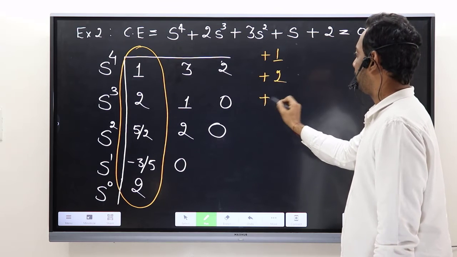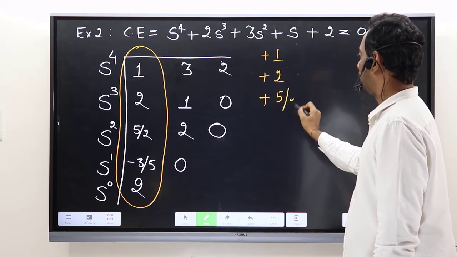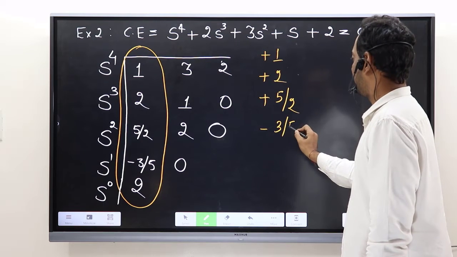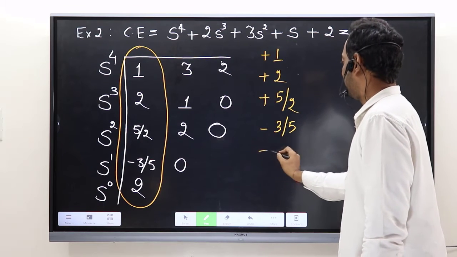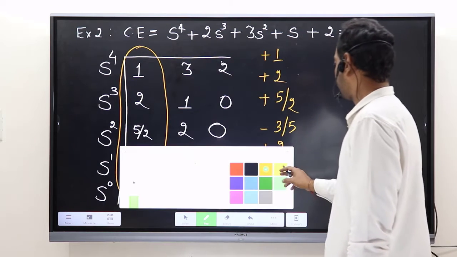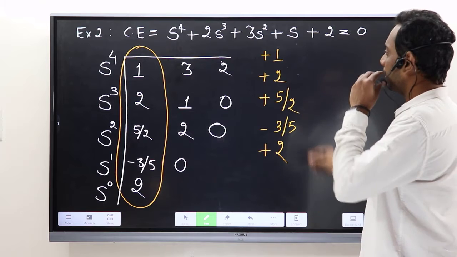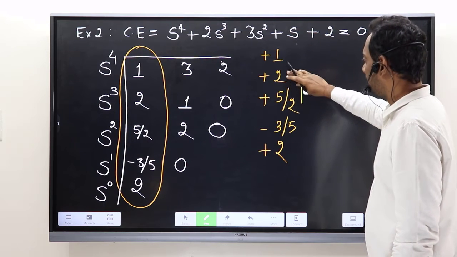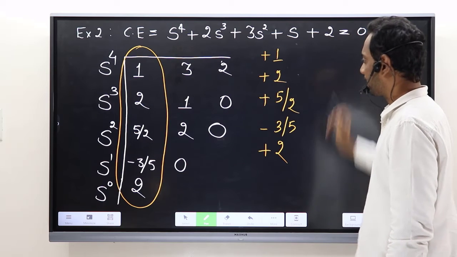Then we have +5/2. Then we have -3/5, and at last we have +2. So these are the elements of your first column.